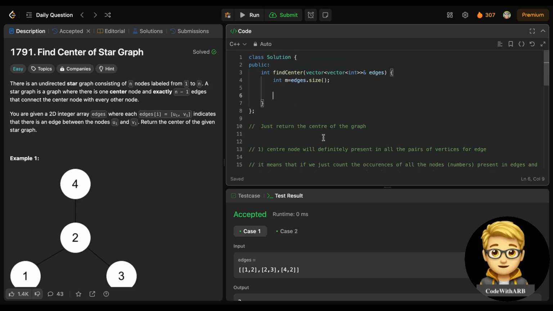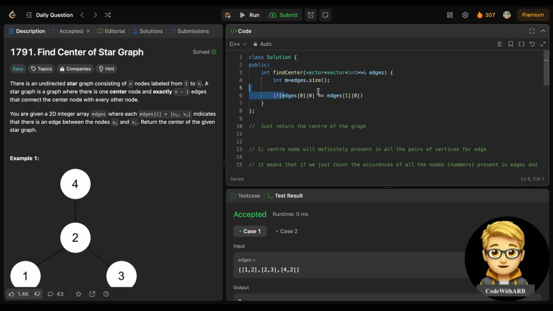We just remove this. What we will do is check the first node and the second node. How will we do that? Let's see. We will check whether edge 0's 0th element equals the 1th element's 0th part, right? What does it represent?